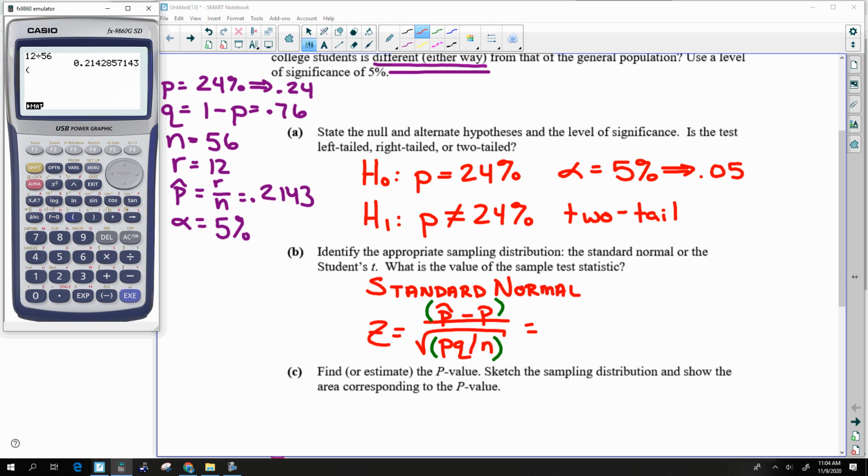So the numerator is p hat minus p, divided by the square root of, open a parenthesis, pq divided by n, and close that parenthesis. This gives a z of negative 0.45.